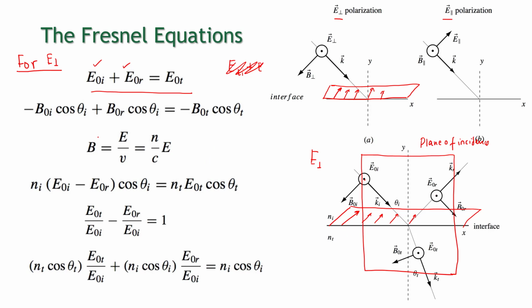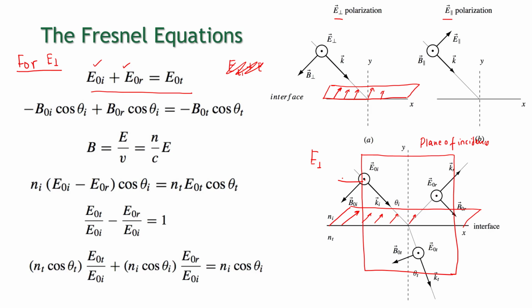Now the tangential component of the magnetic field is also continuous, but the magnetic field here is oblique. It is not entirely along this plane. So in order to get the tangential component of the magnetic field, we need to resolve it, right?